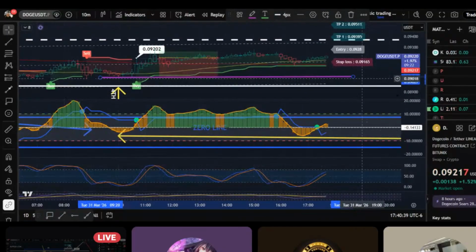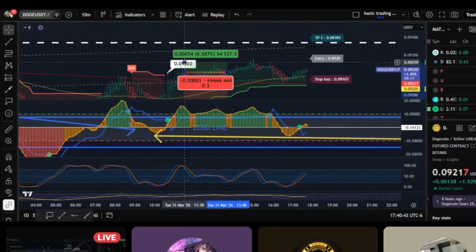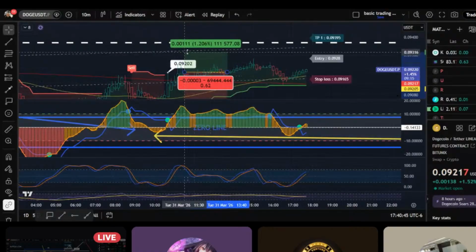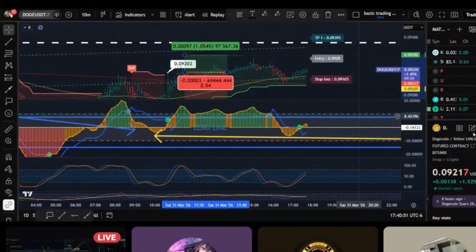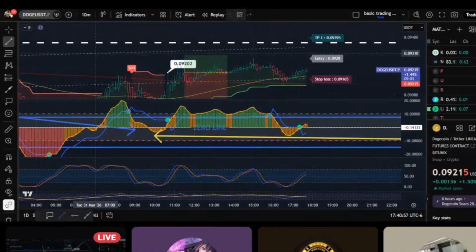And then if you're running a 20x, you'd be looking for 20% profit, which would be a 1% move. So this would be your first target area here.